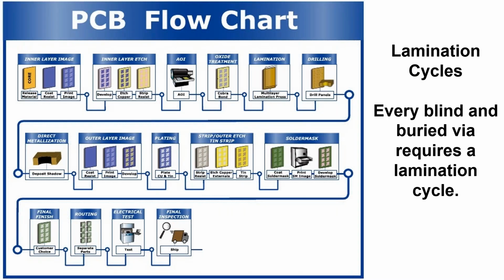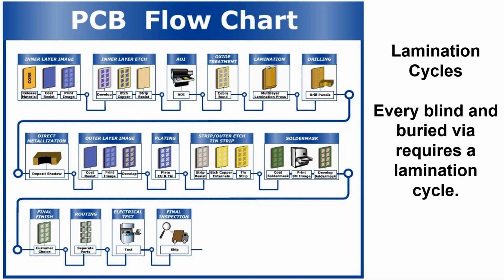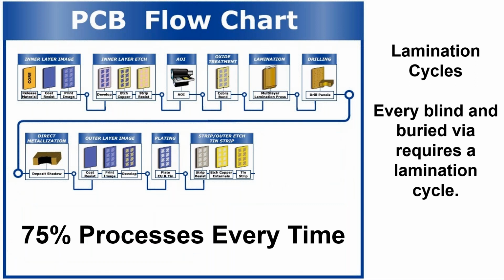If you go back to doing buried or blind or micro vias where you have different lamination cycles, this is the one thing to keep in mind, right? If you look at this PCB flow chart, this is a basic understanding of what printed circuit boards go through. For every single lamination cycle that you do, whether it's because it's a hybrid, whether it's because it's got blind and buried vias, regardless of what it is, if it's flex and rigid flex, whatever it is, it's got to go past this every single time.